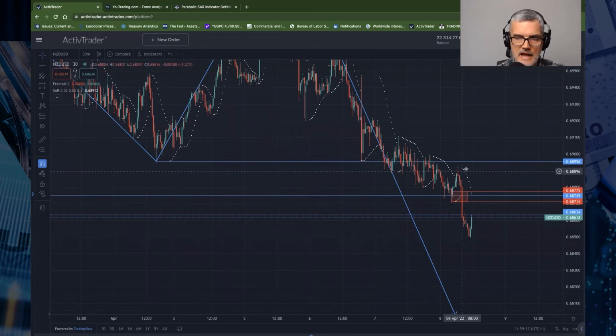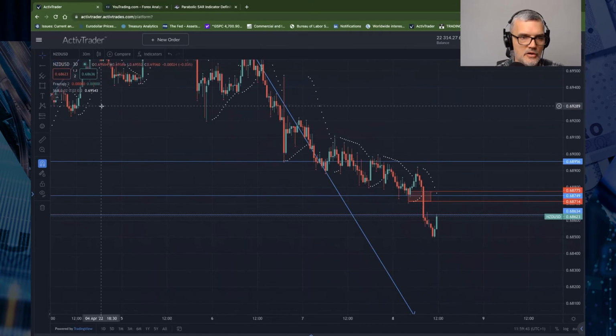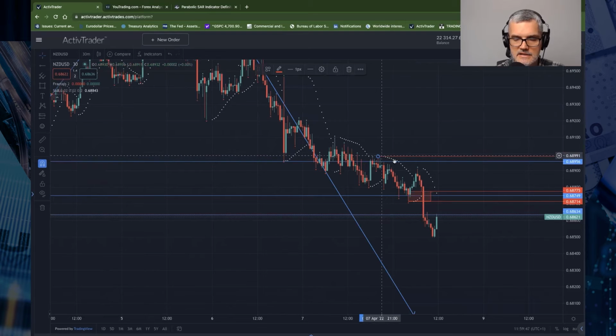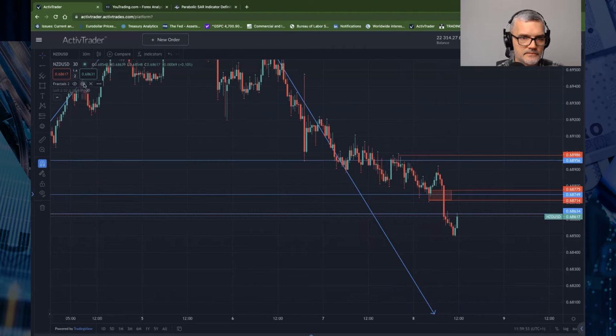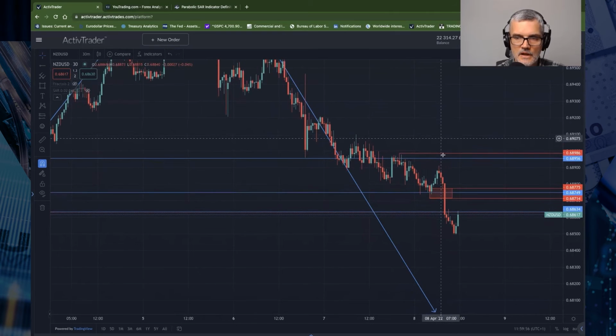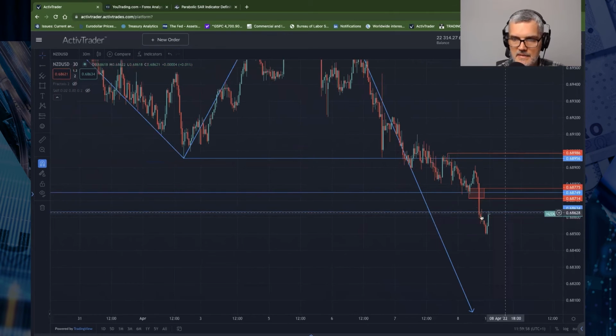So potentially we could get a test of that again. So maybe we should look for another place to put our stop. And that could essentially be up here. So we've got a swing high here. You see some Parabolic SAR was there before. So that indicates that's a swing high. You can turn all this off now. So we could put our stop loss up there, and we're looking for an entry here.